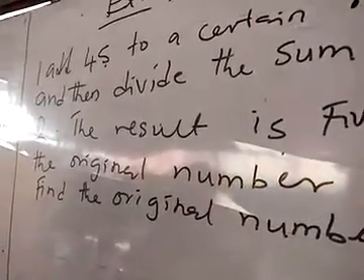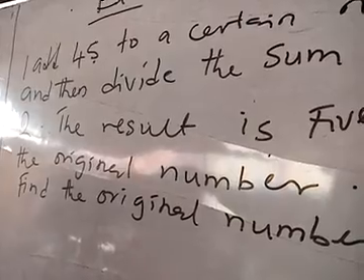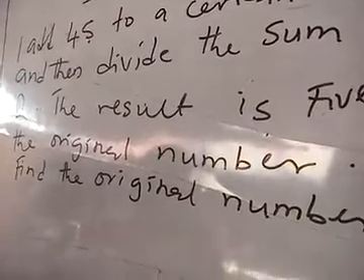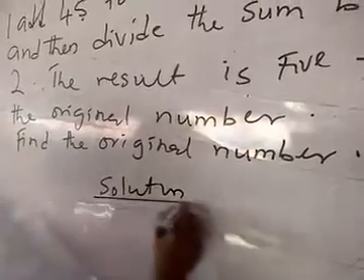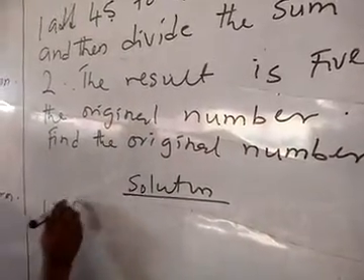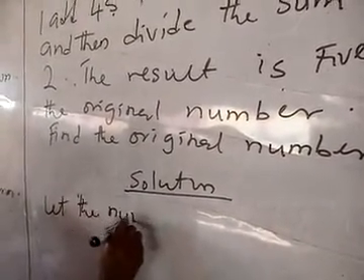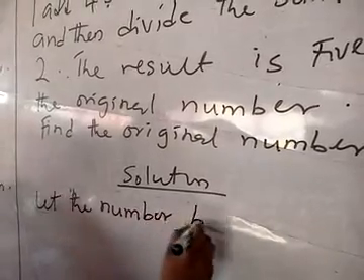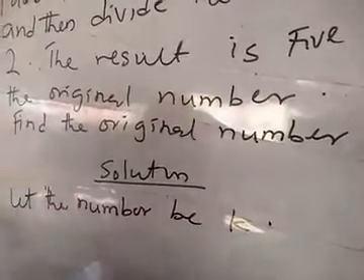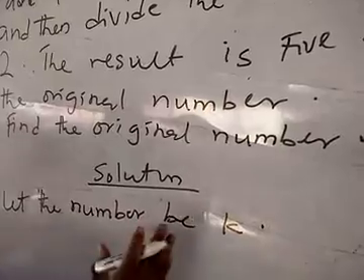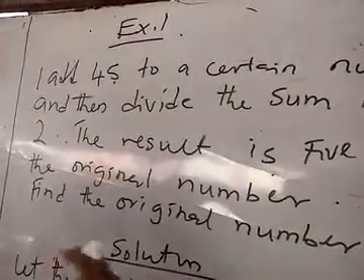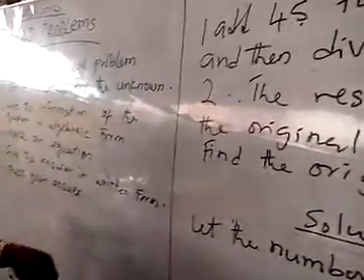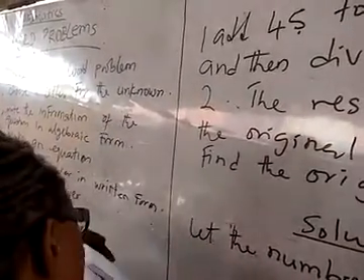Now we have to choose a letter that will represent the original number, the number we don't know. Solution. Let the original number be K. If the number is K, now we want to form an algebraic sentence from the information. The second step is to form the algebraic sentence.